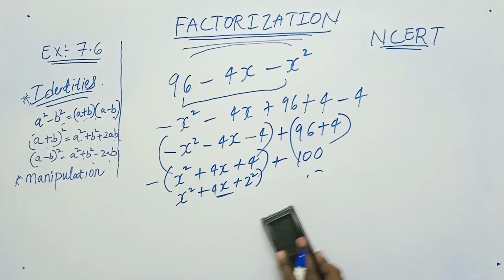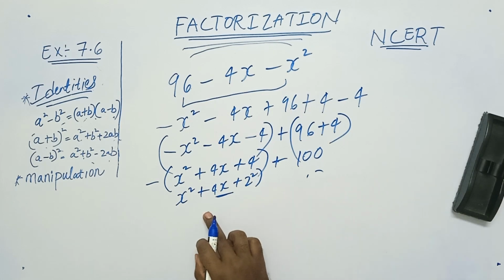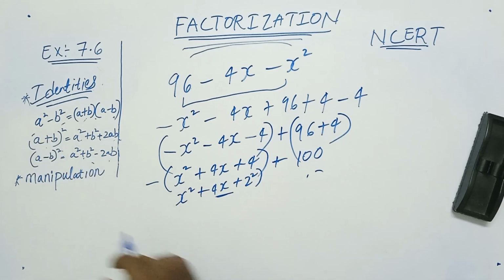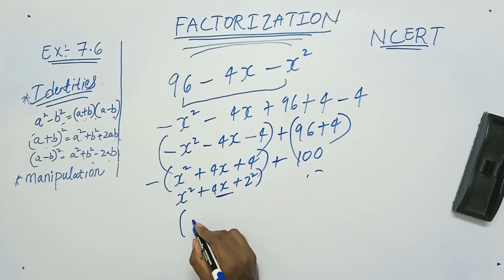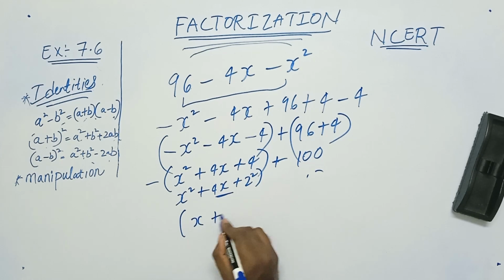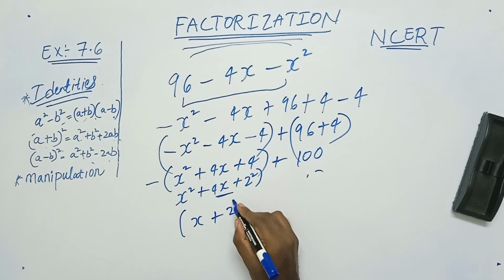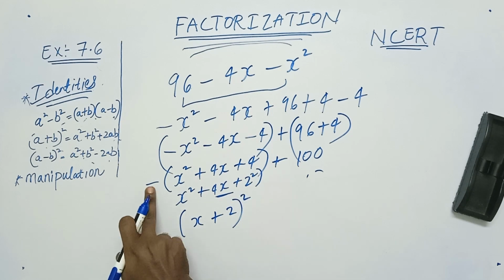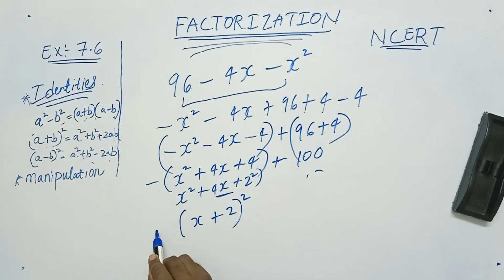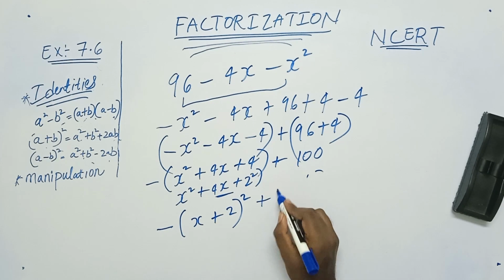Now we are making this expression into (a plus b) whole square. What is the a value? x is the a value, plus 2 is the b value, and I'm making it a whole square. Here we have a minus sign, so I'm going to keep the minus sign over here, and here we have plus 100.